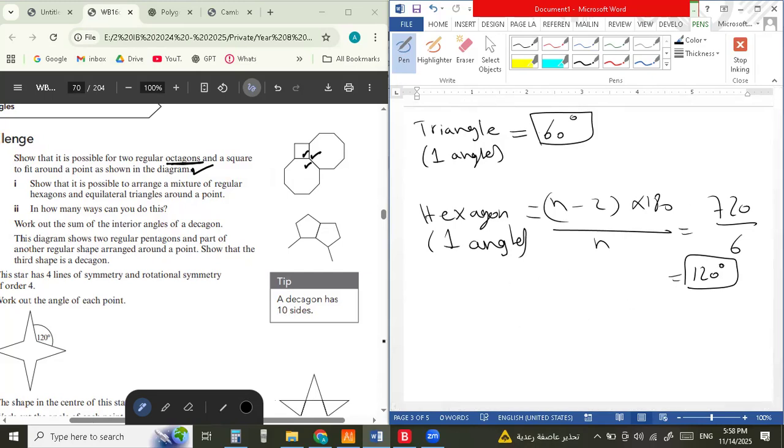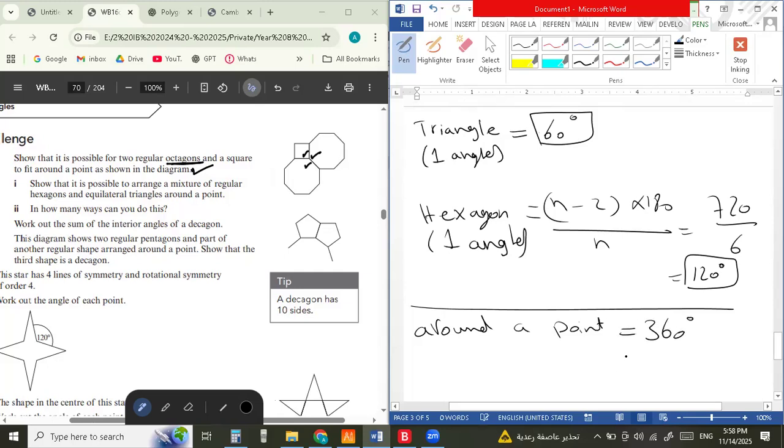They are asking you to show that a mixture of hexagons with equilateral triangles can be rearranged to fit around a point. Around a point means 360 degrees.